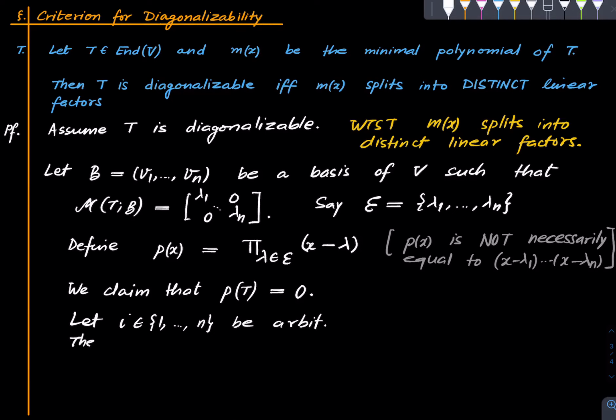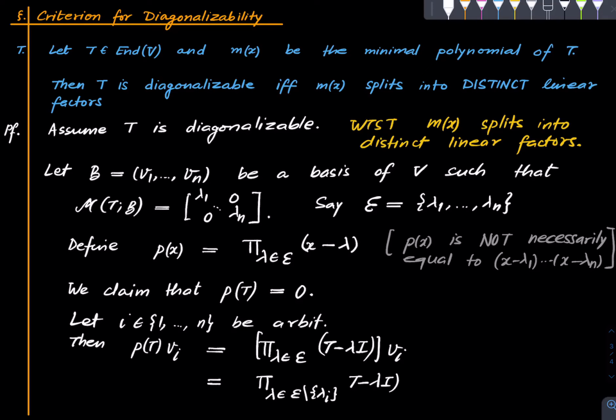Then P(T)(v_i) equals, this is T minus lambda_i operated on v_i, but this is equal to that, and I'm being completely formal here. So this is 0 and that's it.